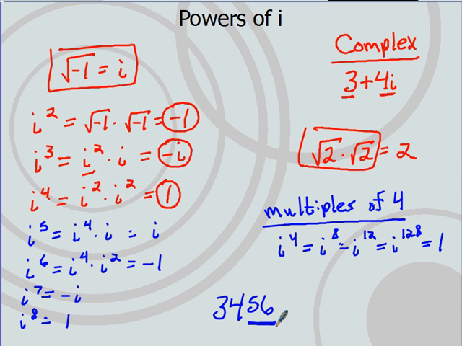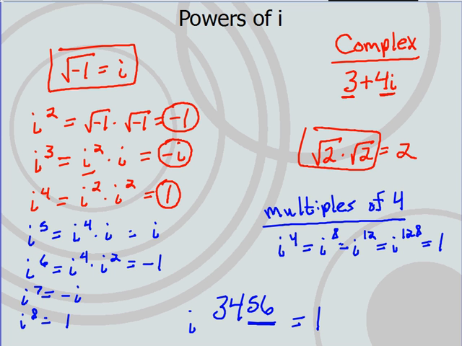If those last two digits are divisible by 4, the whole number is divisible by 4. So 3,456 is a multiple of 4. So what if you did i to the 3,456 power? 1. This is ACT. This stuff's on there in small amounts. This would be like number 56 or 57 on the ACT, your imaginary stuff.